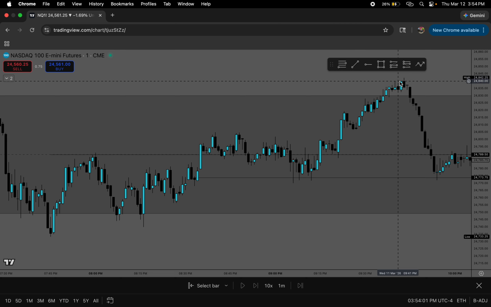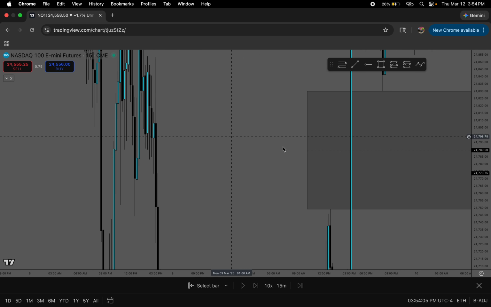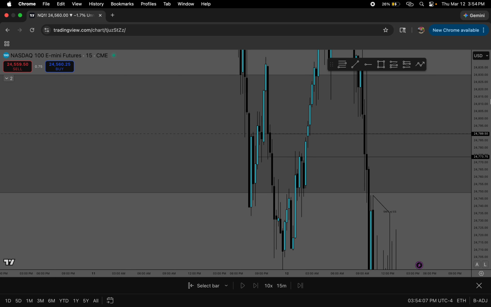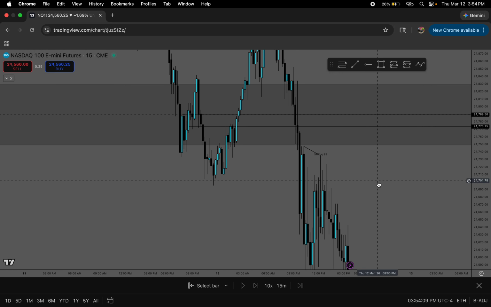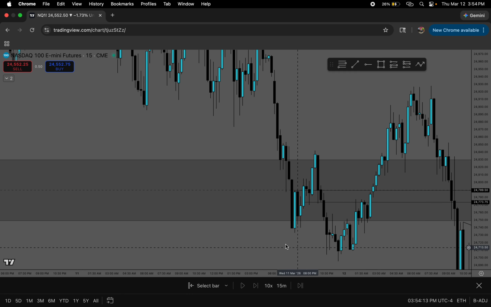And true here, target the 15 minute, not anything else, because we're trading based off of a 15 minute. Here, and we displace lower.